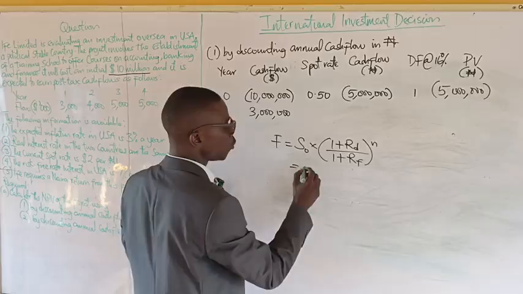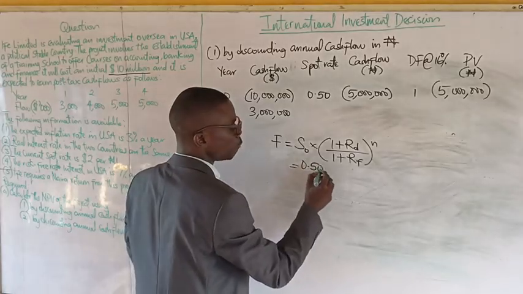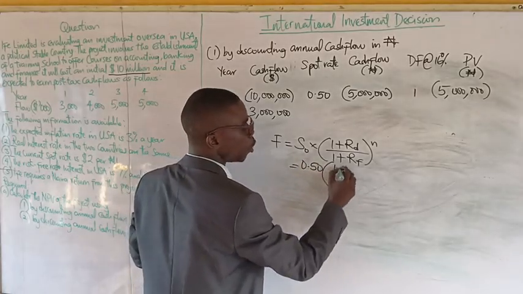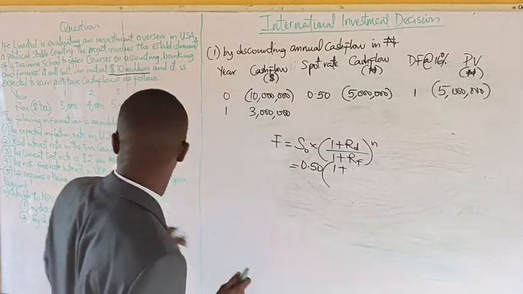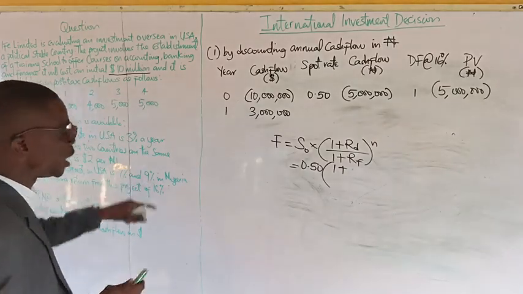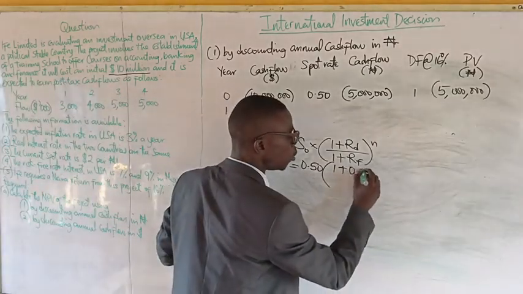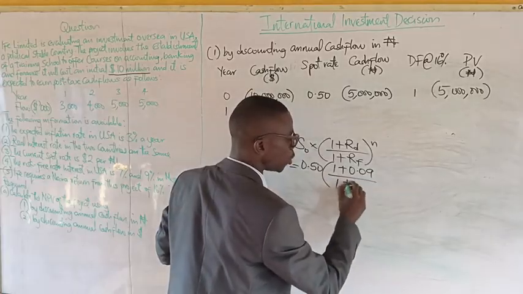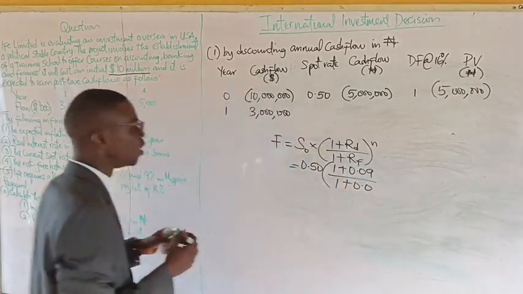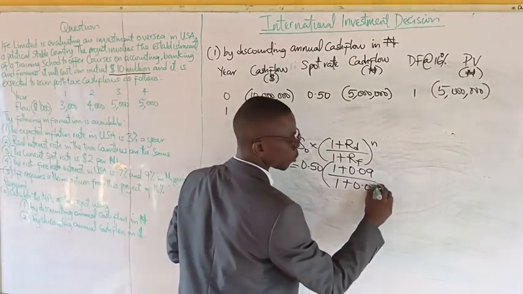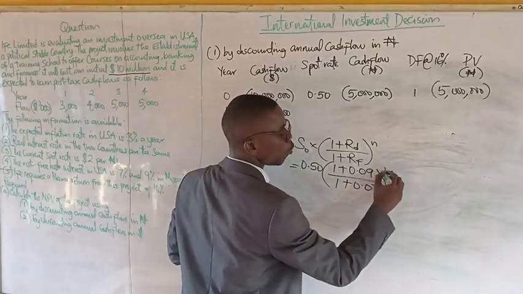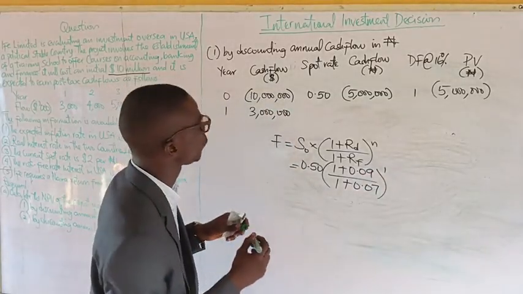So this one will be 0.50 times 1 plus the interest rate in Nigeria, don't forget Nigeria, it will be 0.09, all over 1 plus the rate in the US, which is 0.07, raised to power 1. So what will you have?